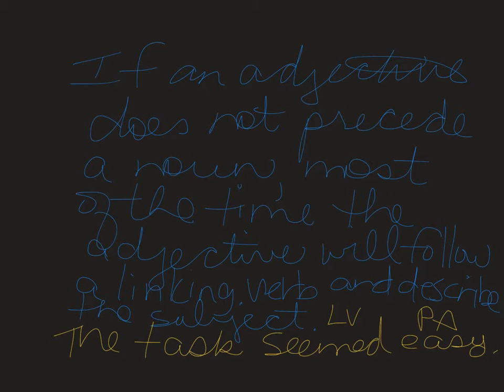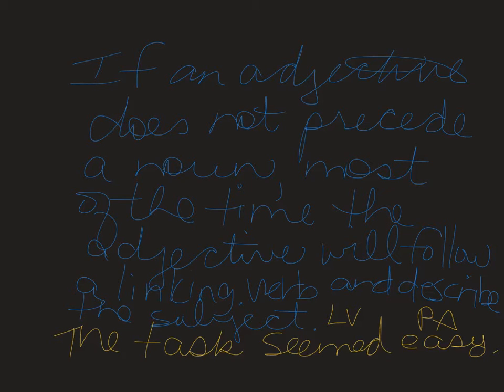If an adjective does not precede or come before a noun, most of the time the adjective will follow a linking verb, as you just saw in the previous example, and describe your subject. The task seemed easy. As you remember, all of your forms of be, am, is, are, was, were, be, being, and been, can serve as linking verbs. But then you have that other chart of verbs that can serve as linking verbs.